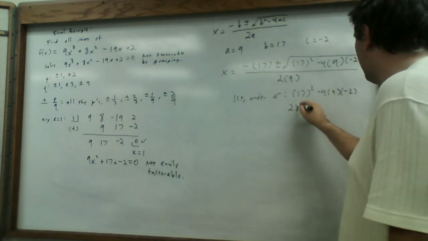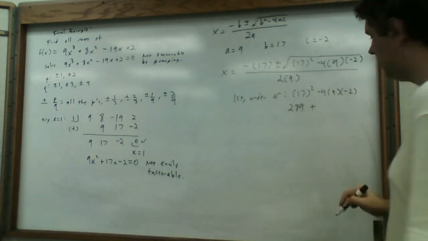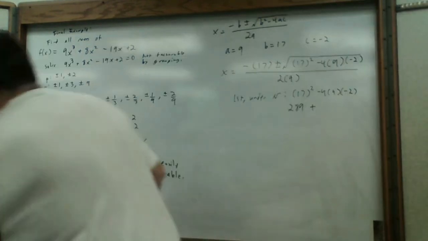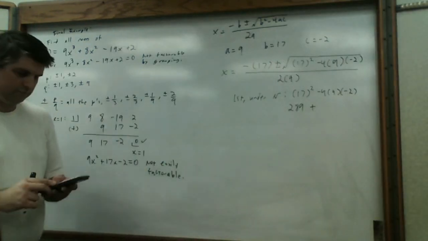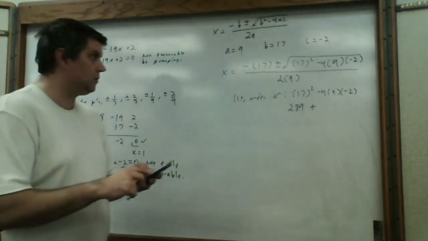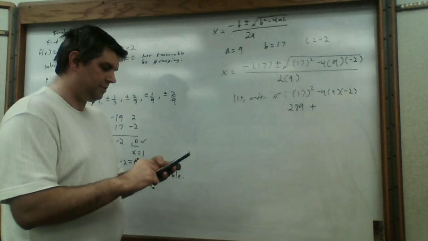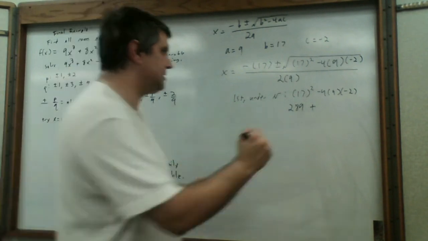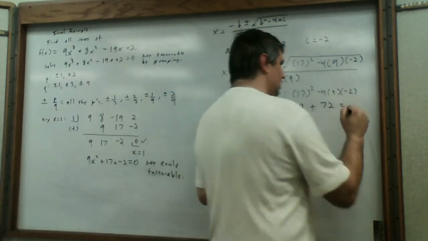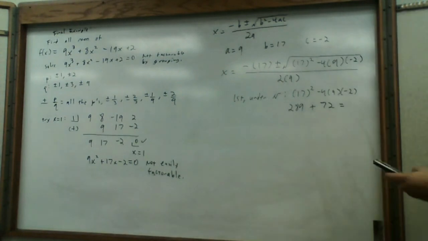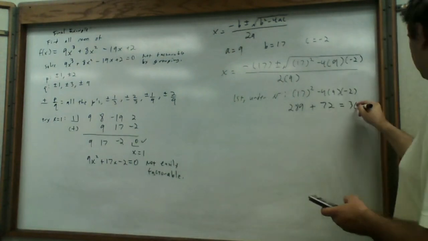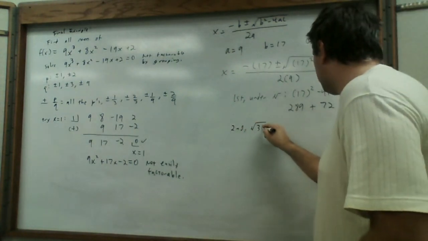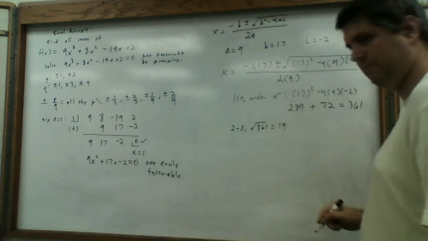That is 289 plus, because there's two minuses, you'll actually be plussing. Negative 4 times 9 times negative 2 is plus 72, which gives me 361. Second, the square root of 361 is 19.